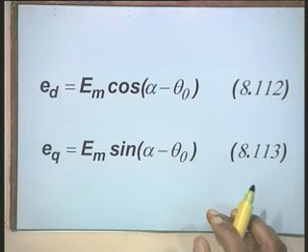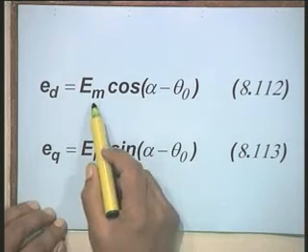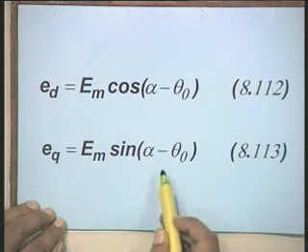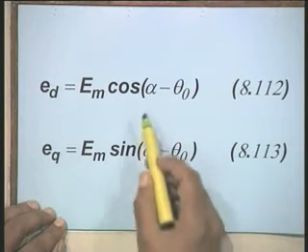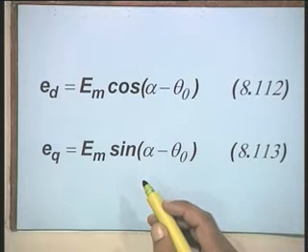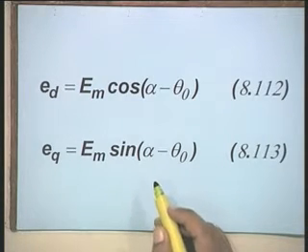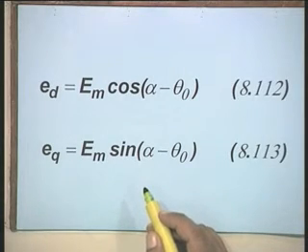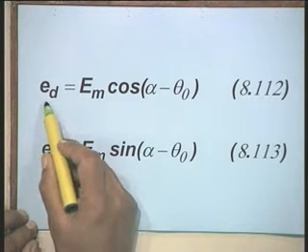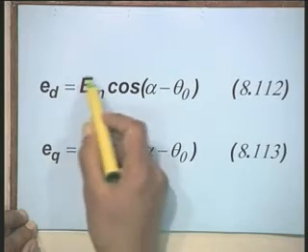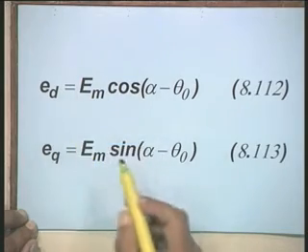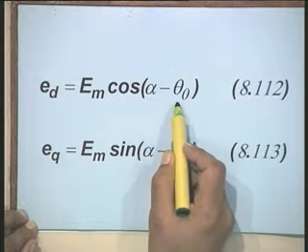When you make this substitution, ED comes out to be equal to Em cos(alpha minus theta o), and EQ comes out to be equal to Em sin(alpha minus theta o). In these equations, there is no term like omega s t, and therefore ED is constant; it depends upon the peak value of the stator phase voltage and alpha and theta naught.